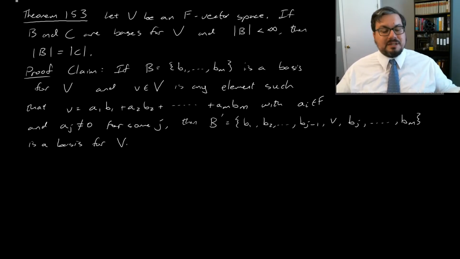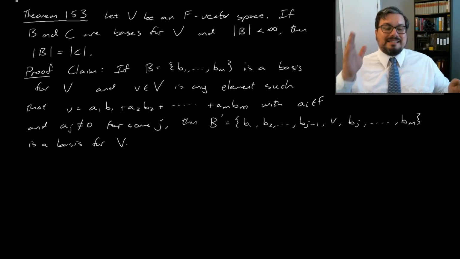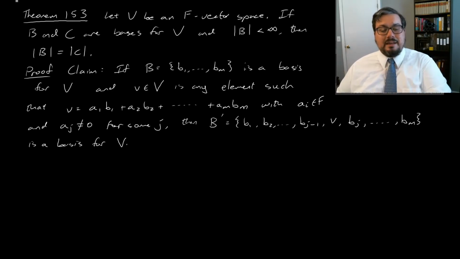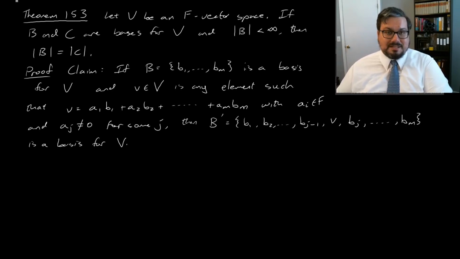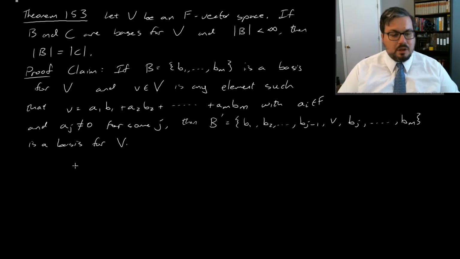That's always going to be possible because you're starting with a basis. You look at any basis element bj which has a non-zero coefficient in this expansion, and any one of them will do, and then you replace that jth basis element with v, and you've got yourself a new basis. So this is the claim. And once we have this claim, we're going to use this to transform the two bases in the statement of the theorem.